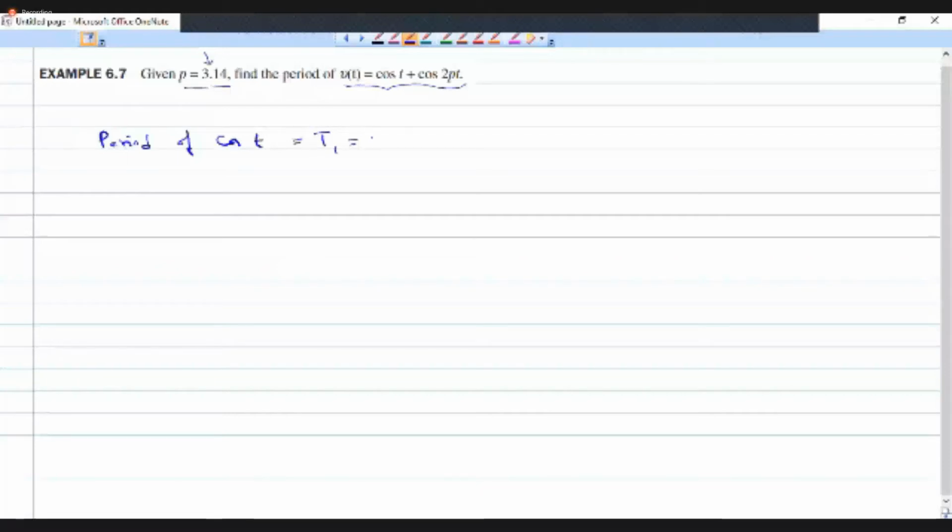Now what is the period of cos 2pt? So we can write cos 2pt is equal to cos of 2pt plus 2 pi, right? Because cosine is periodic with period equal to 2 pi radians.